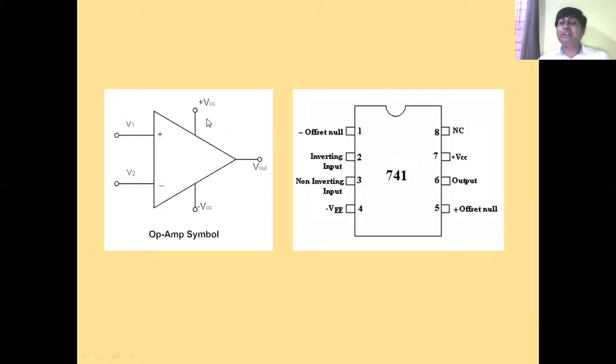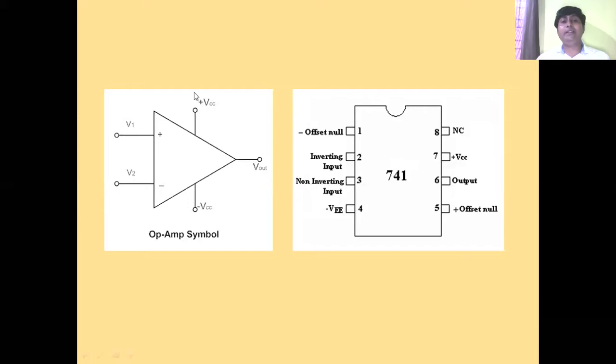If we recall the theory of the differential amplifier, at that time I mentioned this plus VCC. In the differential amplifier, we considered two transistors. For that reason we connected a collector resistor across the collector of transistor Q1 and a resistor across the collector of transistor Q2, and combinedly, instead of VC for the first transistor Q1 and VC for transistor Q2, we named it VCC.